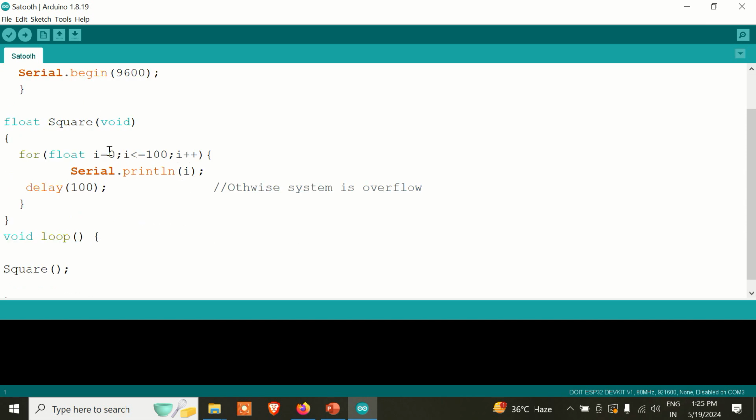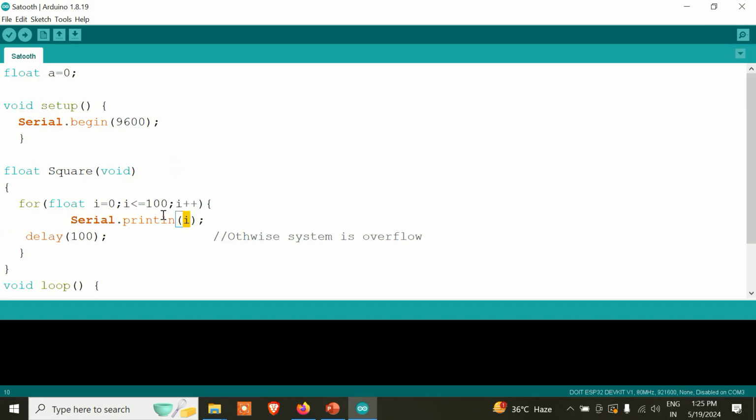The variable initial is 0 and from I is equal to 0, I plus plus for 100 count, I value we want to print. So a sawtooth is always an increment by 1 till the maximum count reaches. After that again I will become 0.